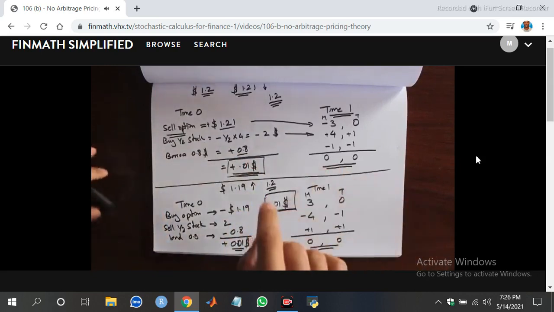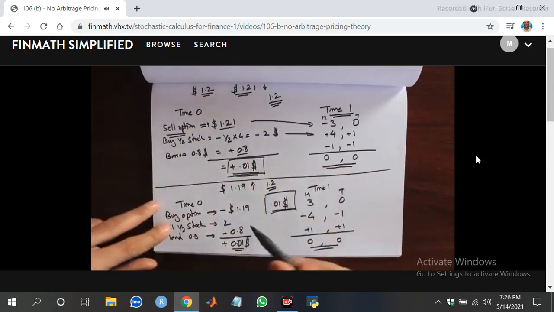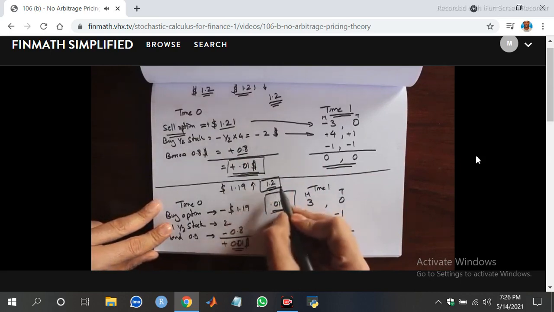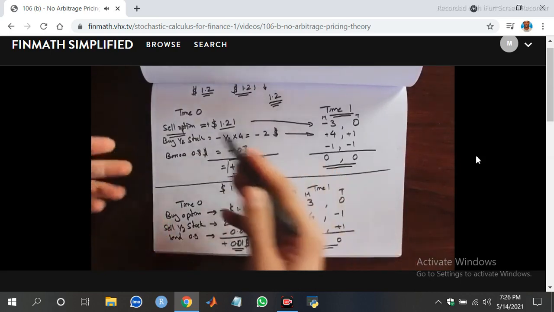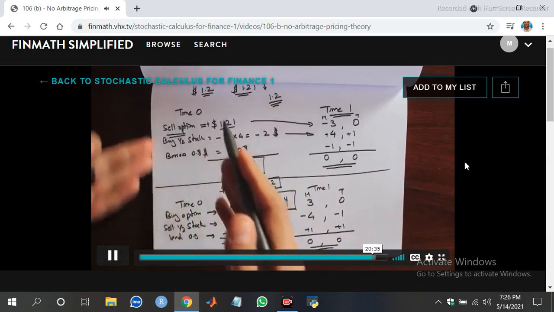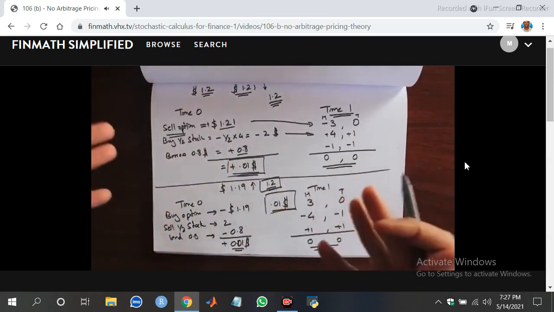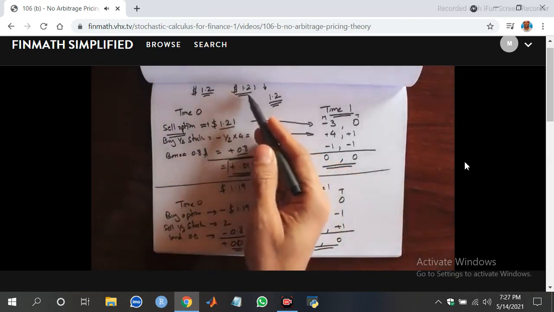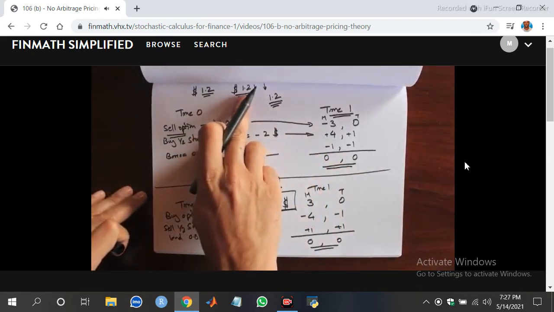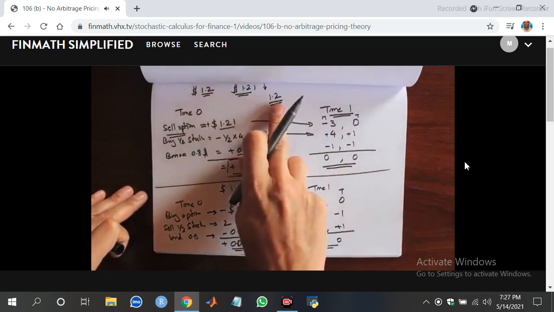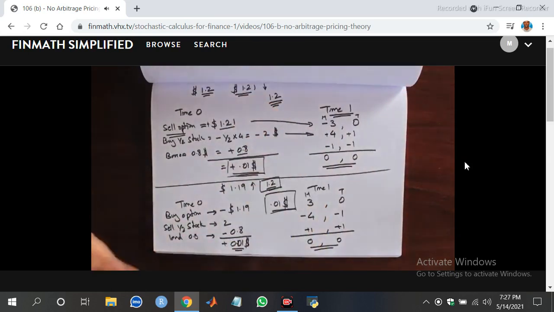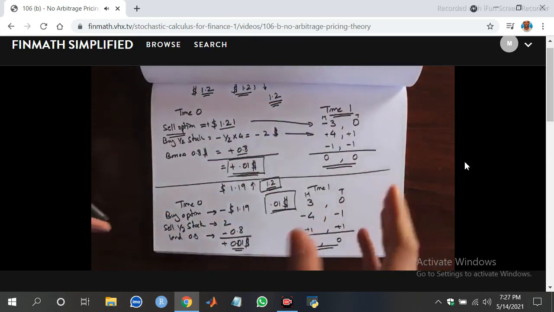So according to arbitrage theory, the value of the option should be 1.2, and the moment it deviates from that, market participants will do what we've done here and take advantage of the situation. And as more and more people do it, it will basically make the market price of the option equal to our no arbitrage price. Okay, so it's a very powerful theory, no arbitrage theory.